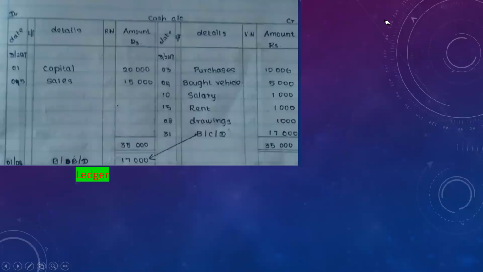I told you earlier, what is a ledger? Ledger means a group of accounts. So in the cash account, we have capital, we have sales, we have purchase, we have vehicle, we have salary, and we have rent, and finally drawings.